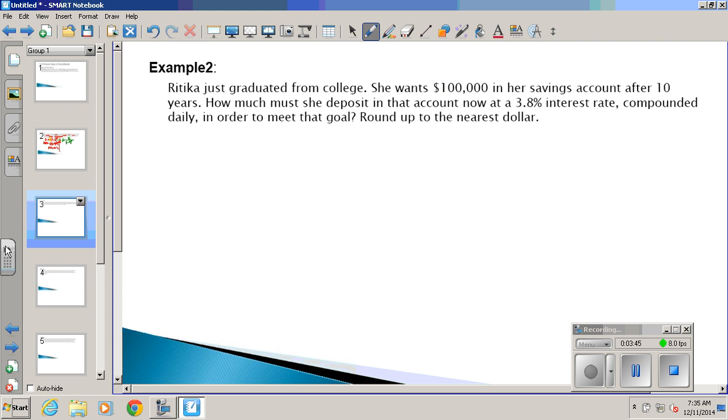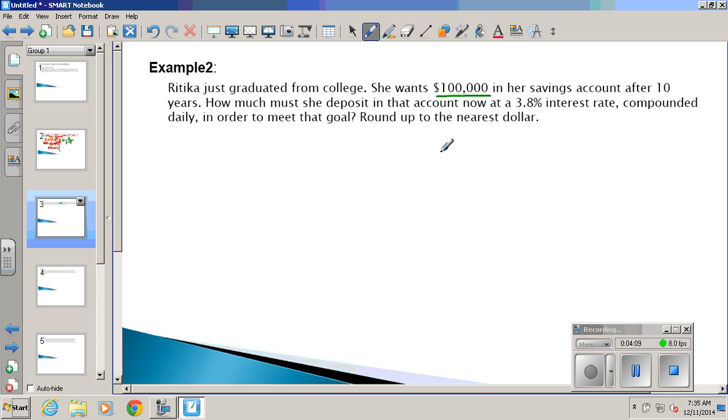Alright, so for this example, we have this lady who wants to graduate from college. She just graduated. She wants $100,000 in her savings account after 10 years. Maybe she's buying a house. How much must she deposit in that account at 3.8% interest rate? So here, underline our important things.